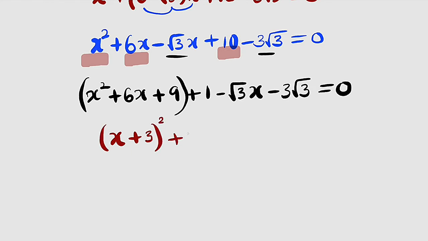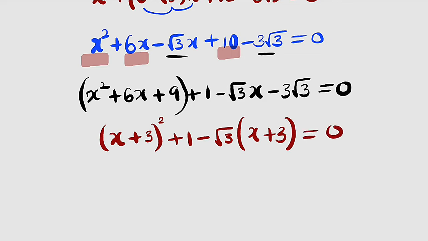Then we have plus 1 here, and I would like to factor out negative root 3 here because you can see we have it in common. So we have minus root 3, then inside we have x plus 3. The whole of this equal to 0.